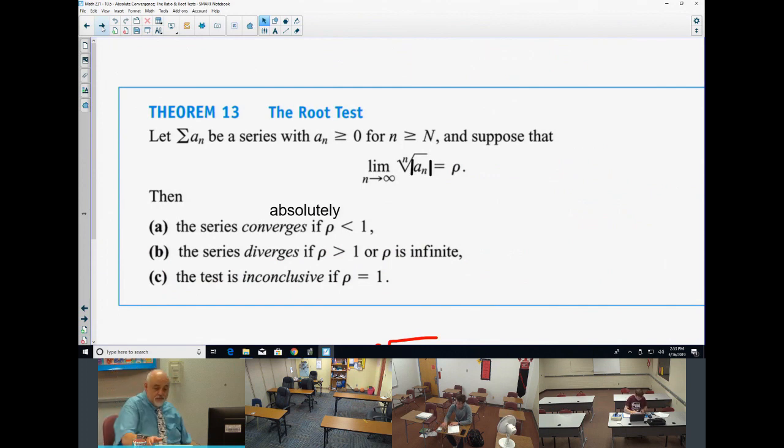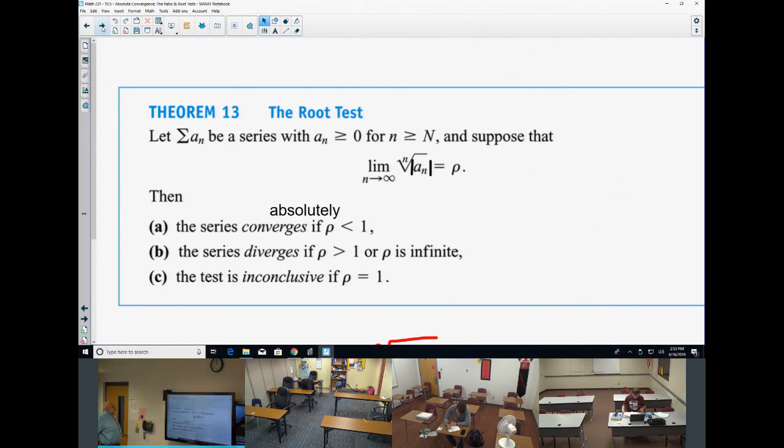It says let the sum of a sub n be a series with a sub n greater than or equal to 0, so the elements are positive, and suppose that the limit of the nth root of a sub n is equal to rho.